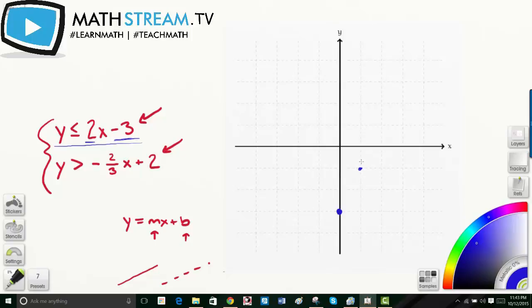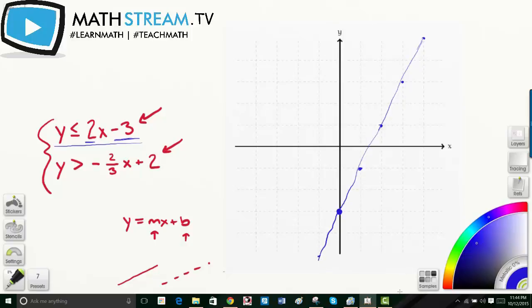Up 2 over 1, up 2 over 1. I'm also going backwards: back 1, down 2. We only need 2 points to draw the line, but it's nice to see the whole pattern, especially since I'm sketching this on a computer. You do want to make sure that your line follows the up 2 over 1 pattern.